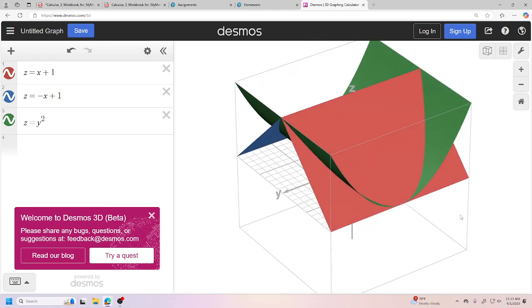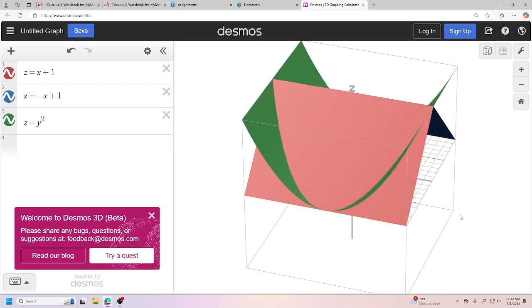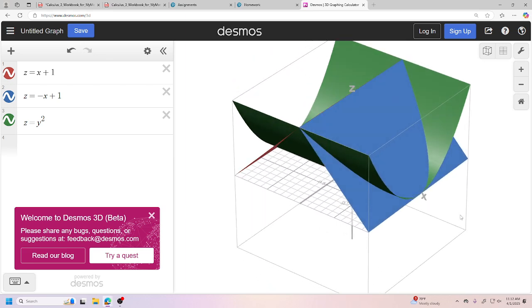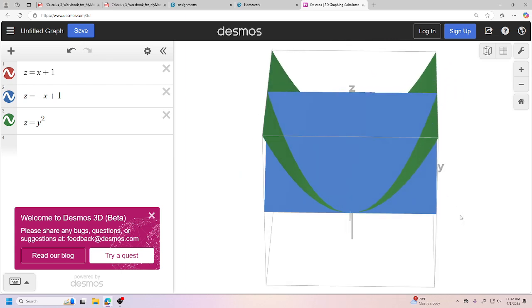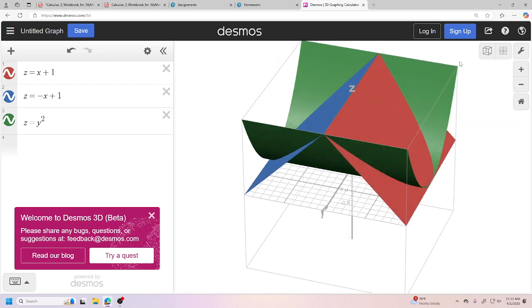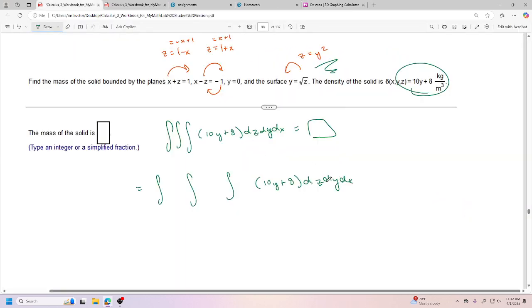I think I'm going to have to not do z first, unfortunately, because see how I have two different tops? I'd have the blue and the red. I have to do two different integrals. I don't want to do that. I mean, you can, but I don't want to. Maybe we should, just for simplicity's sake. Because here's my theory. This is my bottom, and these are my tops, right?